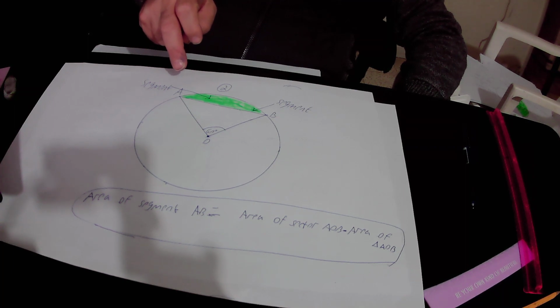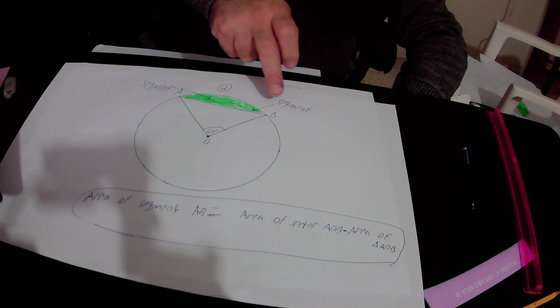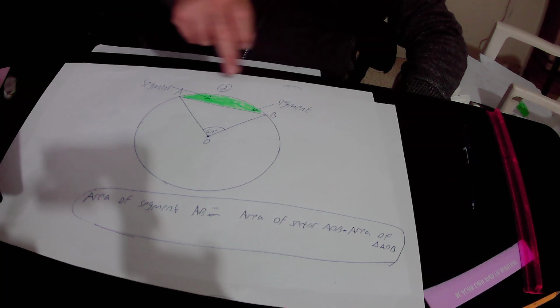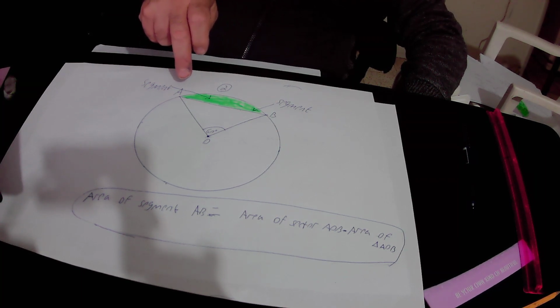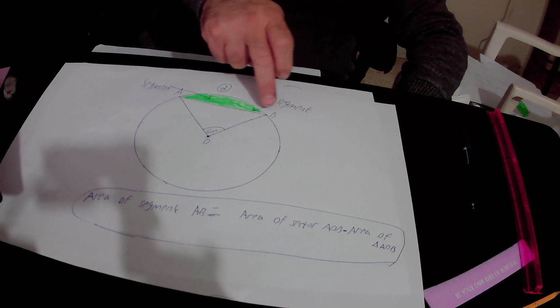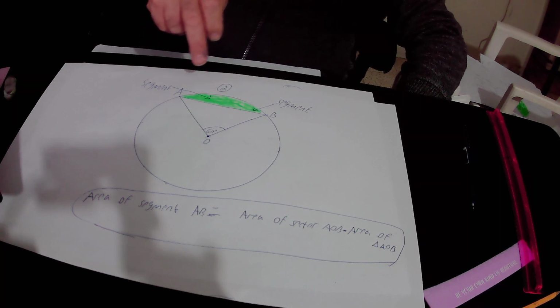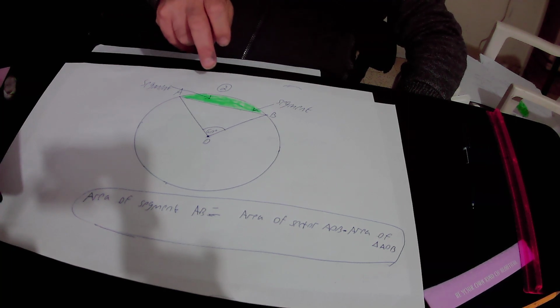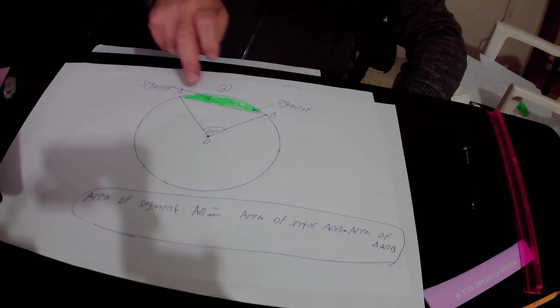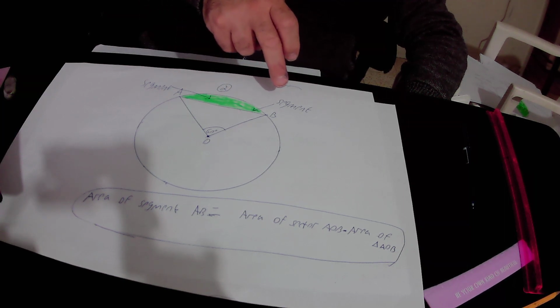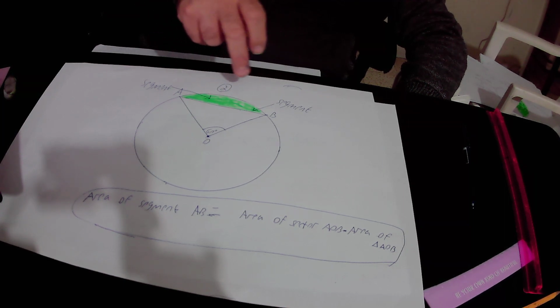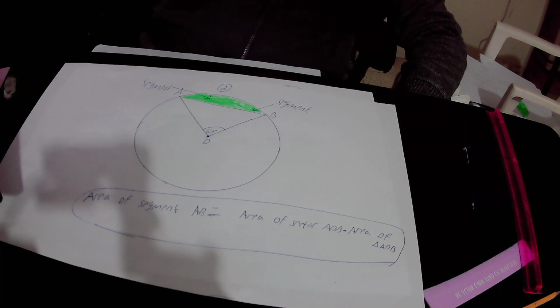The area that is bounded between arc AB and chord AB is defined as segment AB. Again, the area bounded by chord AB and arc AB is defined as a segment.